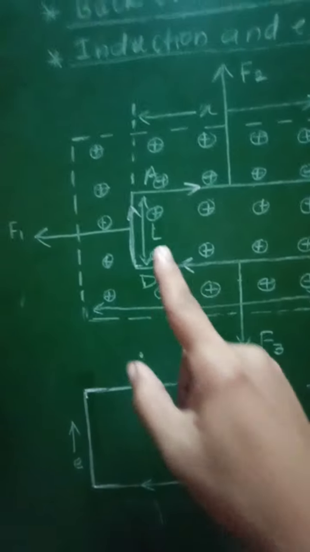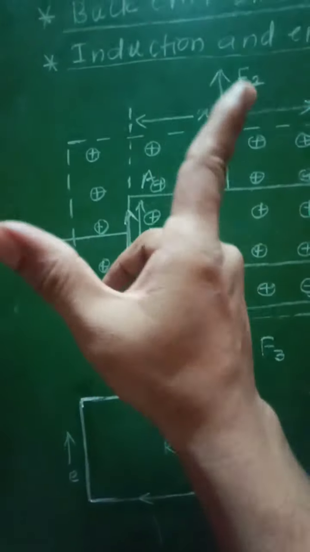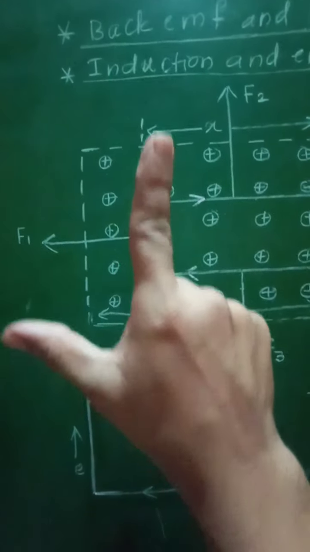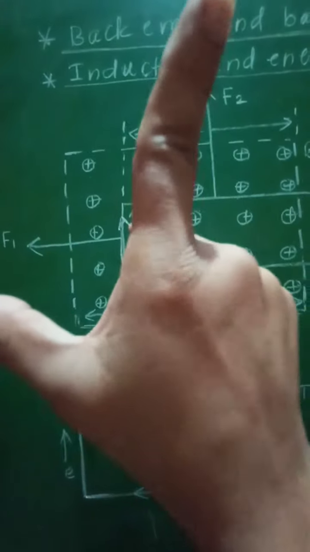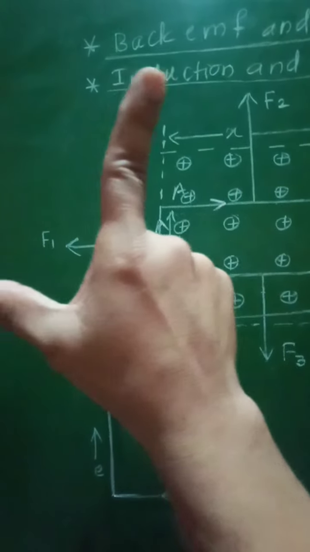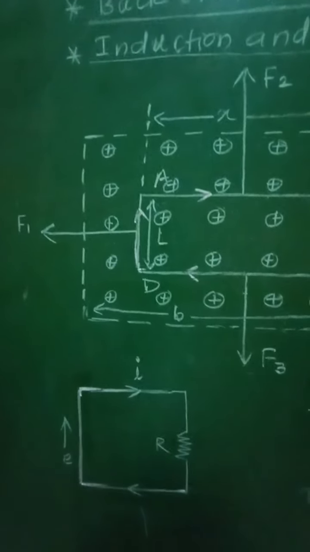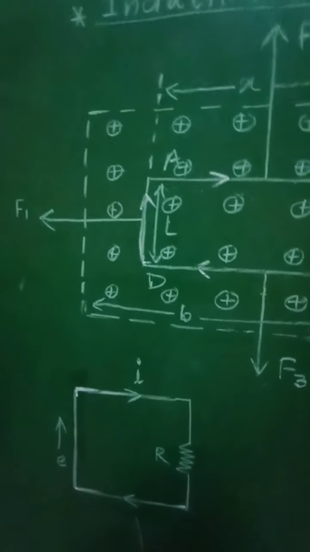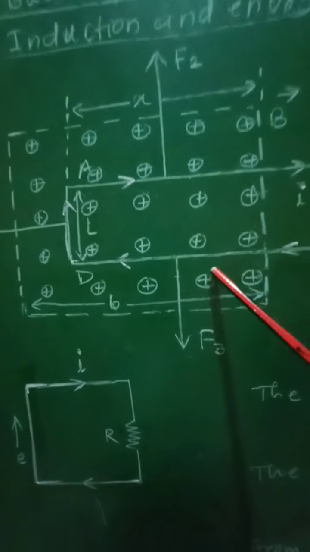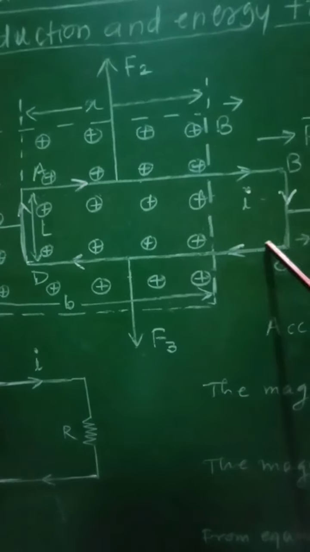Now the remaining force F1 will again be calculated like this. Direction of current will be in the upward direction, direction of magnetic field is inwards, and the force will be directed towards left, and therefore this magnetic force F1 will try to bound this rectangular coil moving towards the right side.